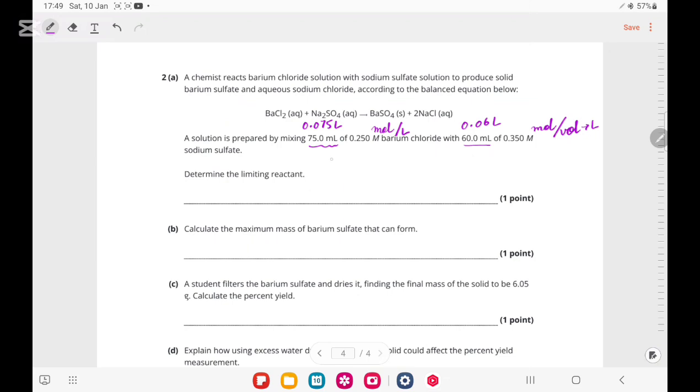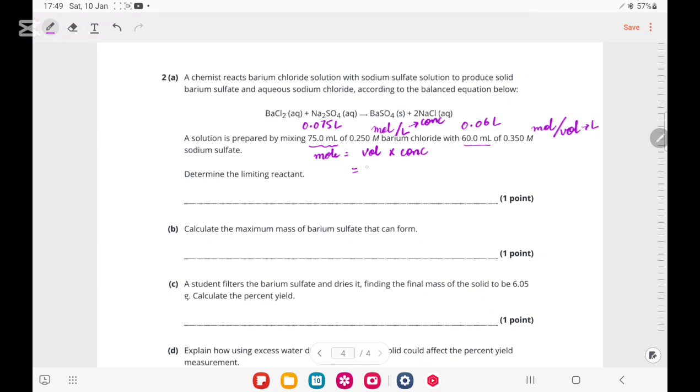So in order to find the mole of it, mole will be volume multiplied by this mole per unit volume, that is concentration. Basically it is concentration, so the formula is going to be concentration times volume.